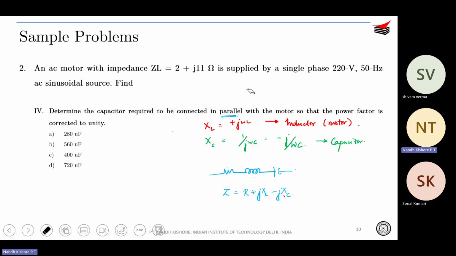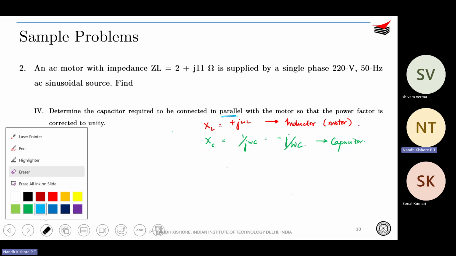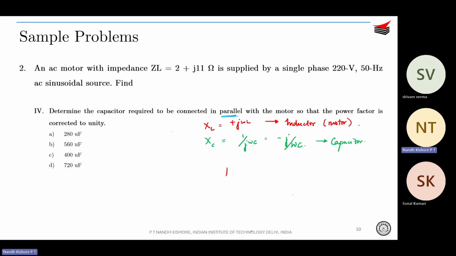So I cannot write straightforwardly 2 plus j11 minus j11. It's incorrect. It is connected in parallel, which means you can visualize the circuit as you have R, you have L, and they are adding a capacitor in parallel, so I will be having a capacitor like this.